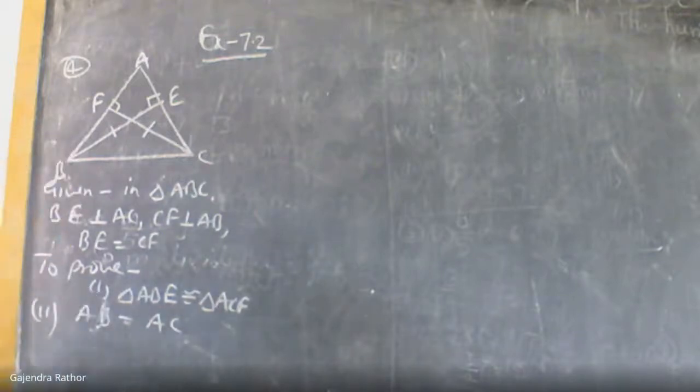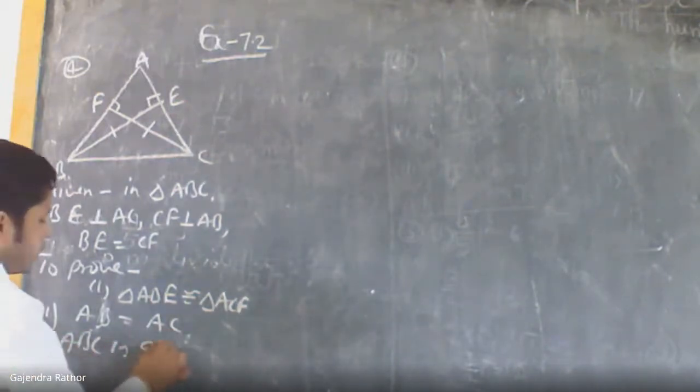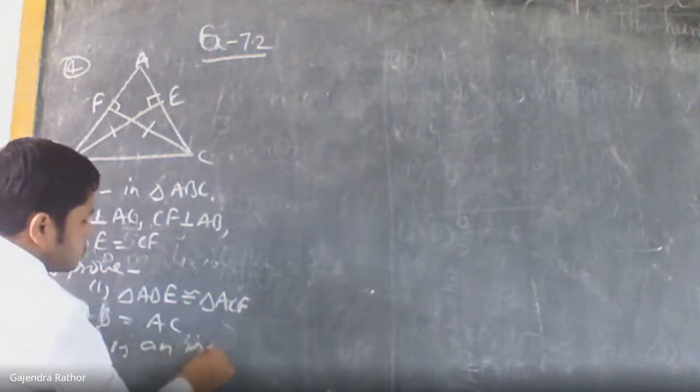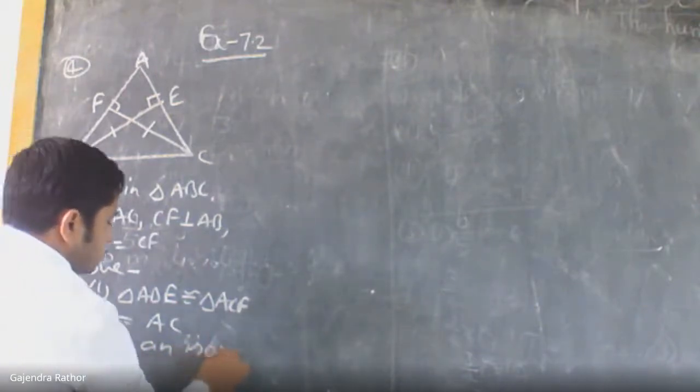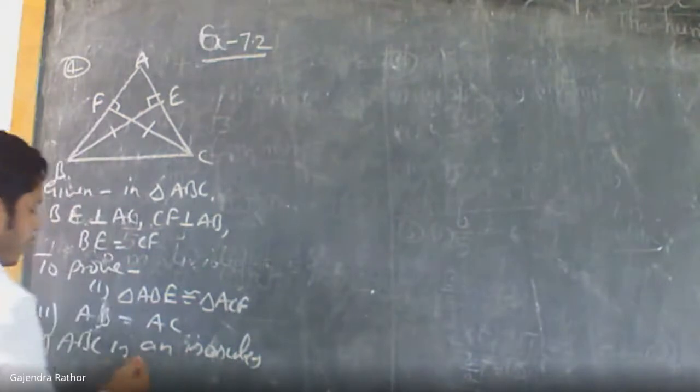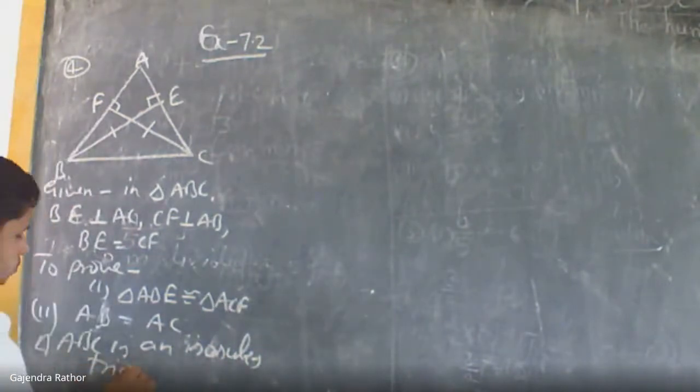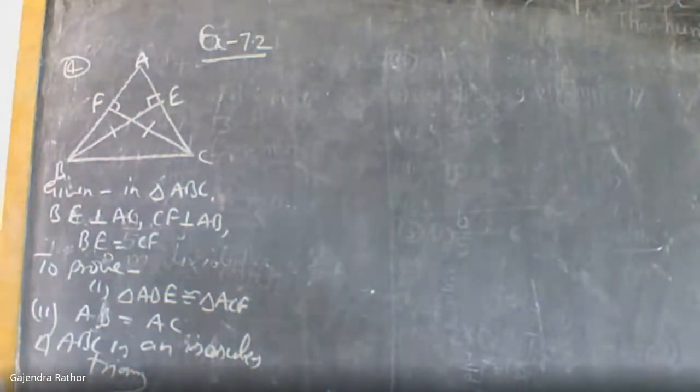So AB is equal to AC means triangle ABC is an isosceles triangle. This point we have to prove.